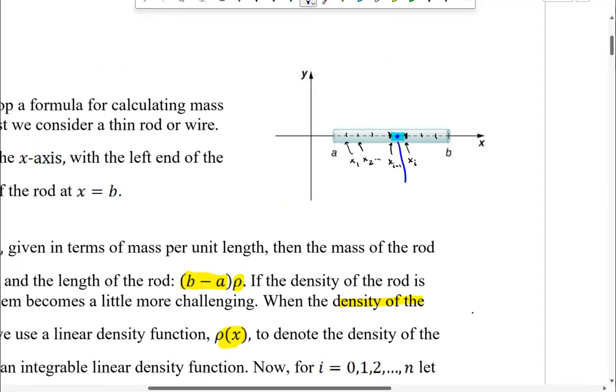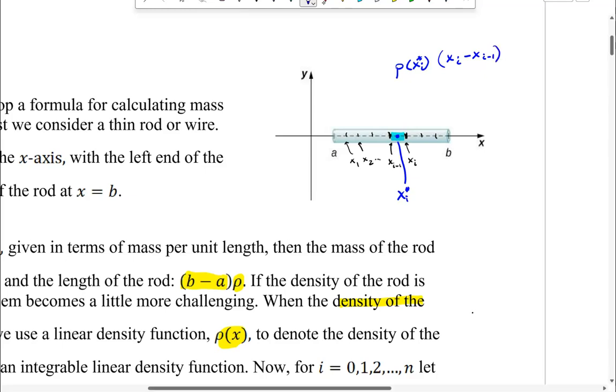So if this is x sub i star, we could put that into rho, the function for the density. That will tell us the density at that point for the rod. And then we could multiply it times the distance x sub i minus x sub i minus 1.